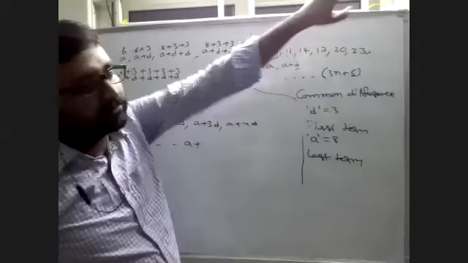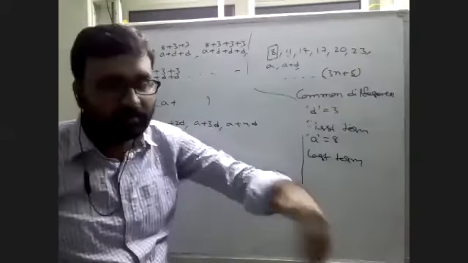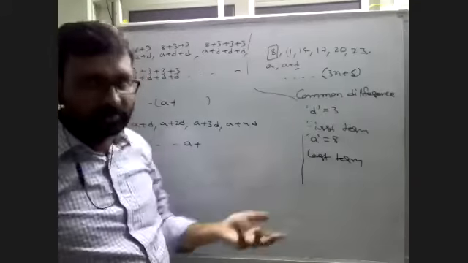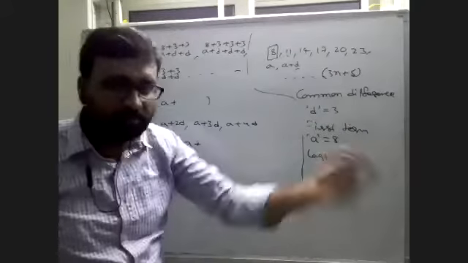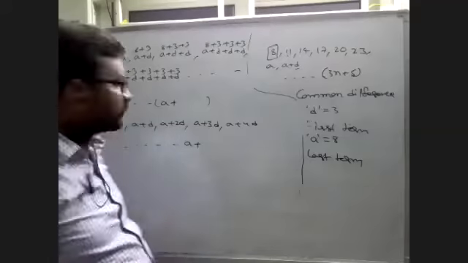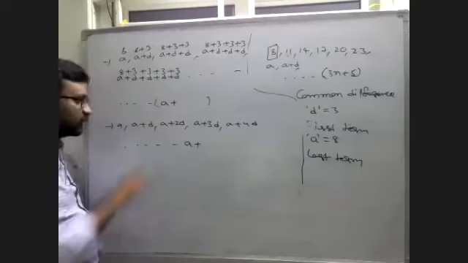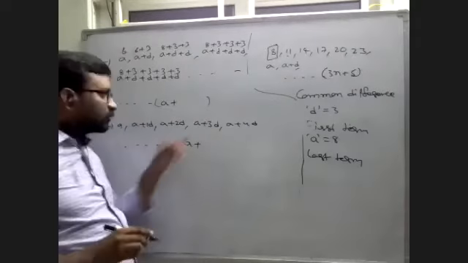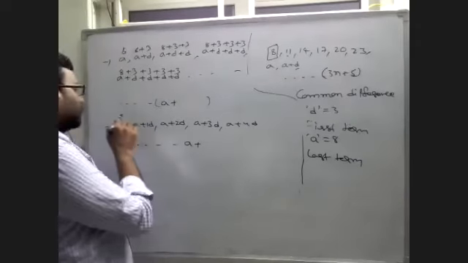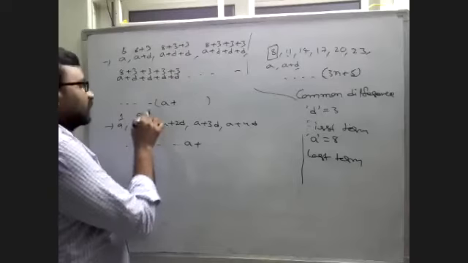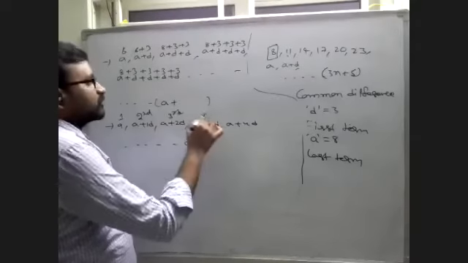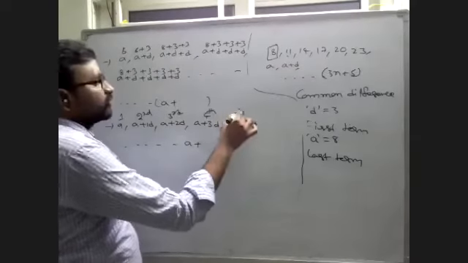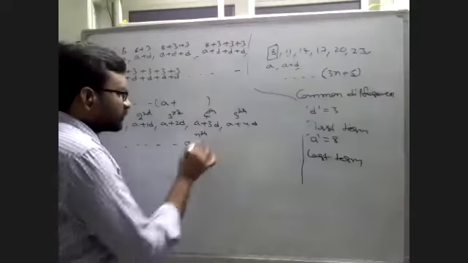From the second term onwards, we add the common difference, one time, two times, like that. First term no D, second term 1D, third term 2D, fourth term 3D, and so on up to the nth term, the last term.